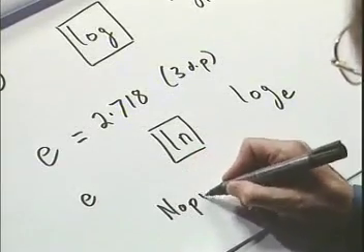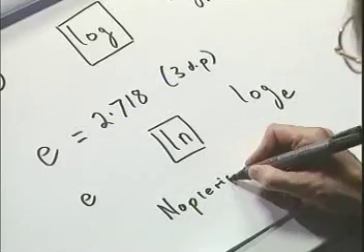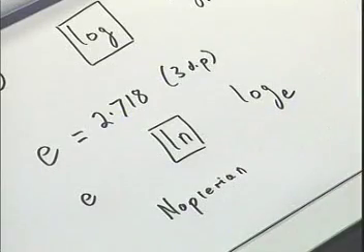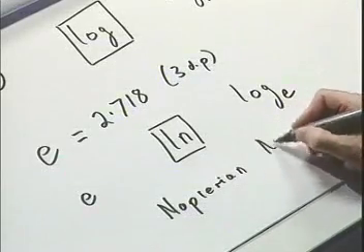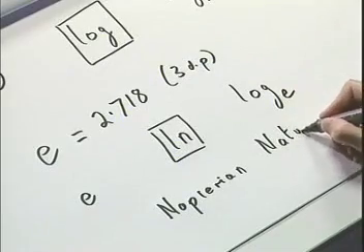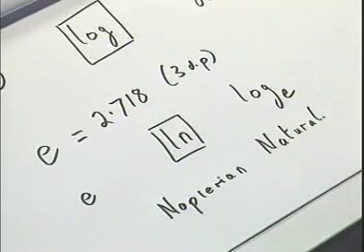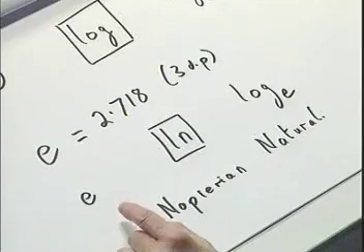Sometimes they're called Naperian logarithms, after John Napier, and sometimes they're called natural logarithms. Logs to base e are the logs that get used in calculus. So it is important to know about logs because they're going to come up as a regular part of the calculus, and in particular when we're solving differential equations.